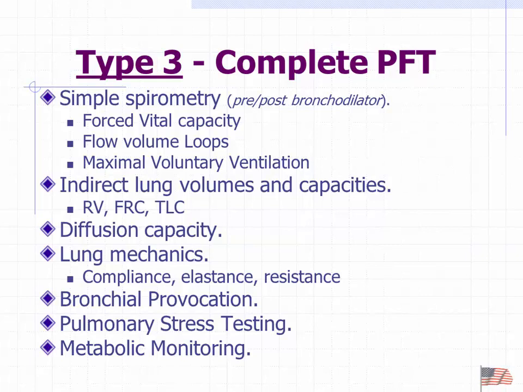A complete PFT will also include a diffusion study to evaluate whether or not there's good diffusion. The normal value again is what? 25 milliliters per minute per millimeter of mercury of carbon monoxide. Sound vaguely familiar? If we're doing body box, we have the ability to measure resistance as well as elastance.